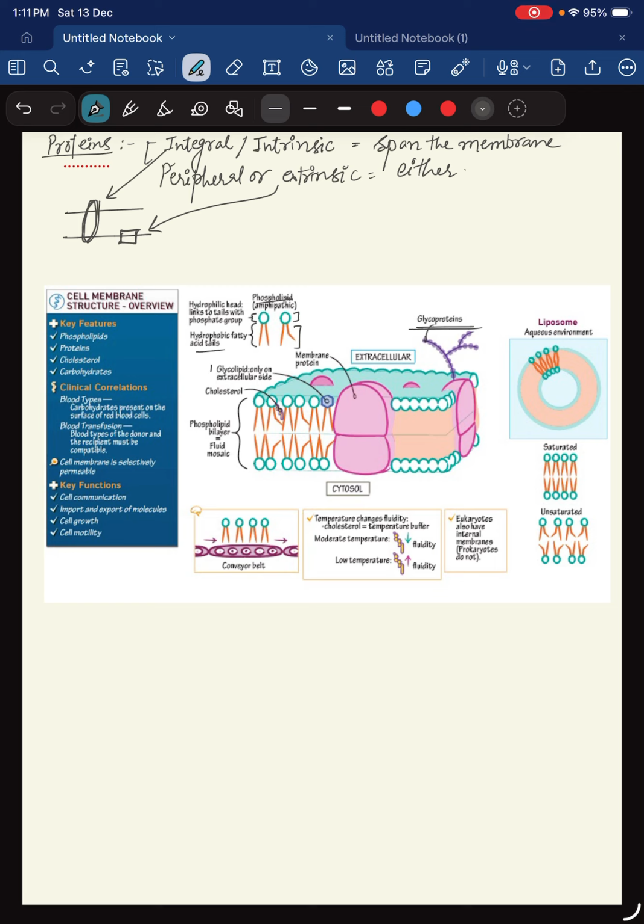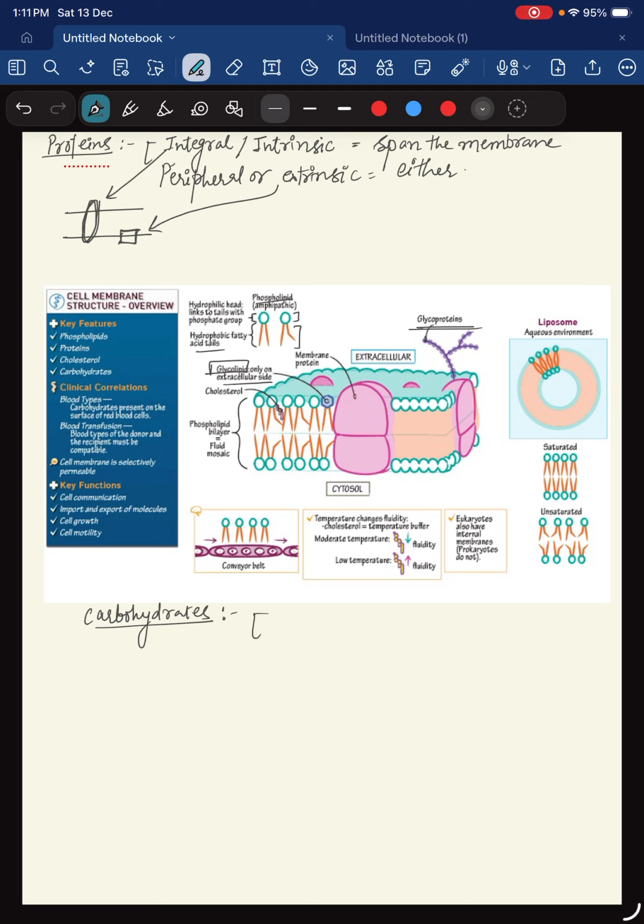So glycolipids, here in the diagram, are only on the extracellular side, and the glycoproteins are present as branched sugar types. They both are types of carbohydrates, but here they are in the form of glycoproteins and here, on the extracellular side, they are called glycolipids. So we have seen carbohydrates in the form of the glyco part, which shows the carb part.